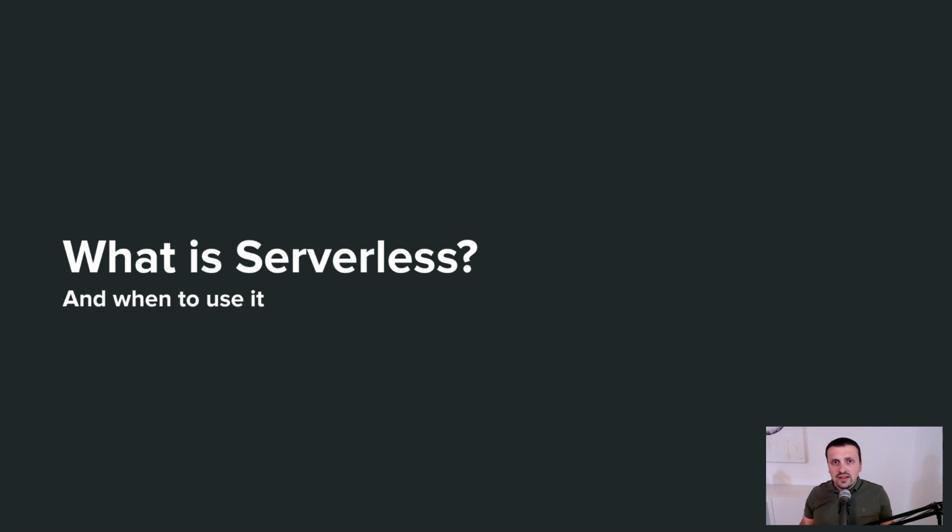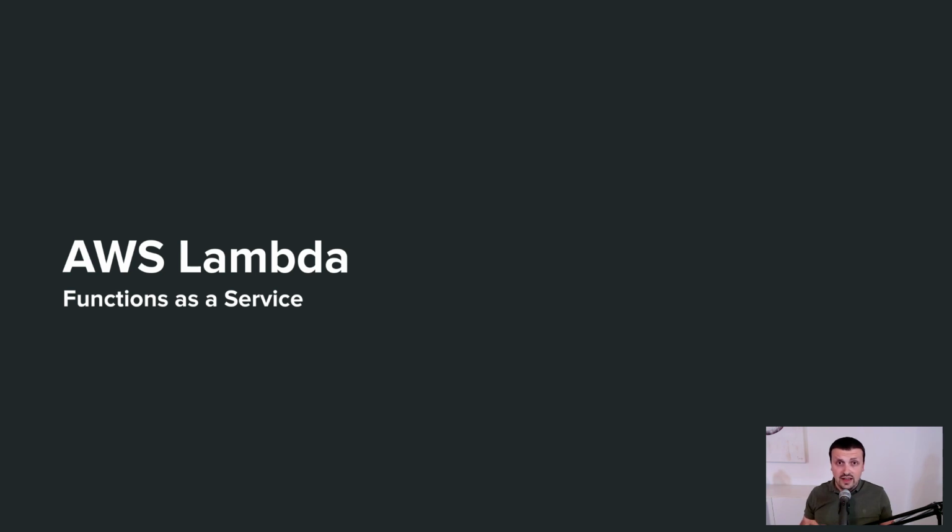But when we look at the way AWS Lambda is set up, we need to think about how applications have evolved over time and how that has also changed how we host them. So let's look at AWS Lambda first. AWS Lambda is, as they call it, a function as a service.